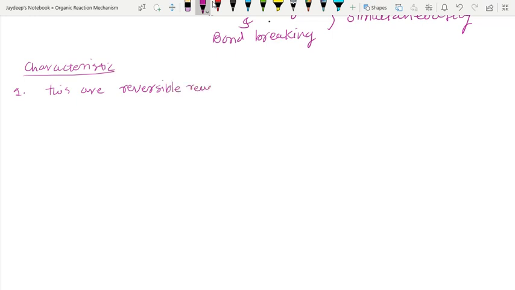The second characteristic is they involve ring closure and ring opening also. Ring closure means ring closing, and ring opening. So they involve ring closure and ring opening reactions.